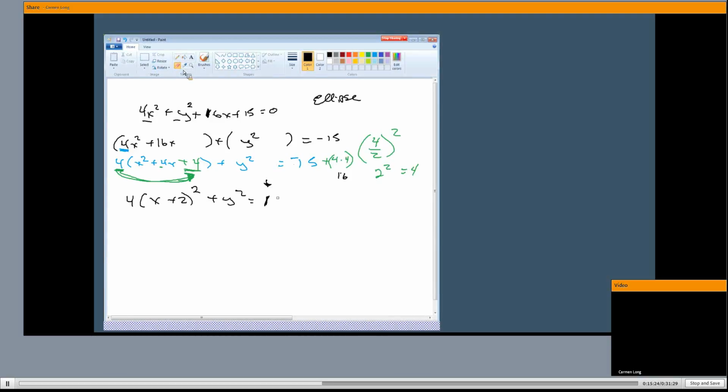I don't know. If we divide this by 4 and divide this by 4 and divide this by 4, I'm going to have to start over, I think. But that's going to bother me.